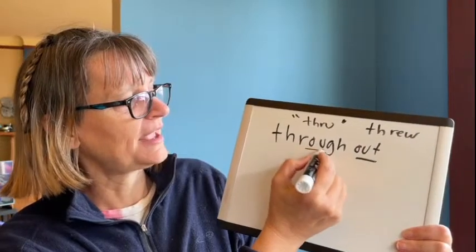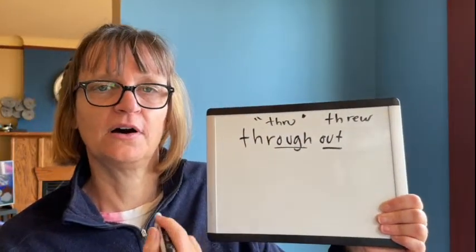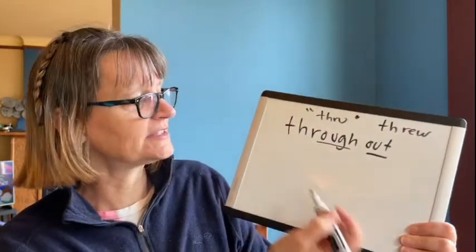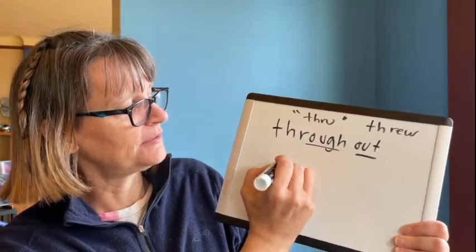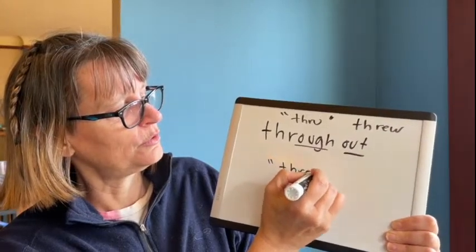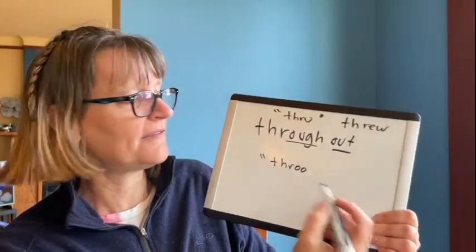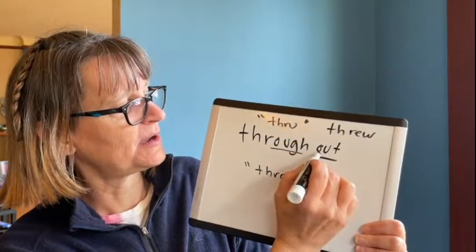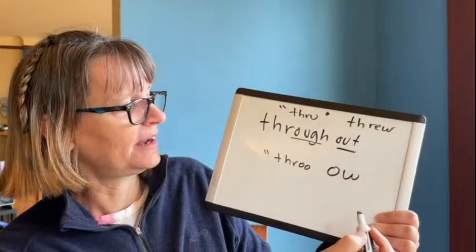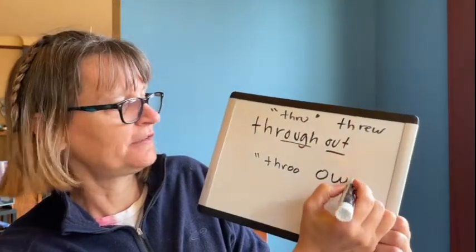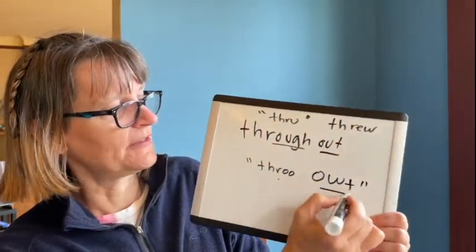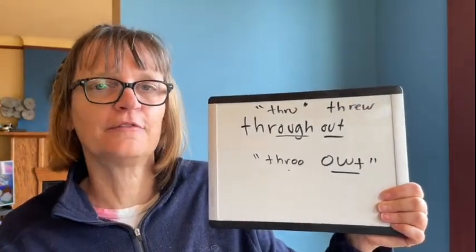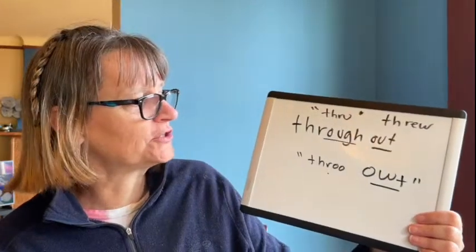Basically, even though we have OUGH, which can be or ah or ow in different words, in through, it's the oo sound. So I'll rewrite it like through, and then out, we have the ow diphthong, which we usually spell with OU or AU. I'll write it this way, like ow, I hurt myself, throughout. So short and then long, throughout. Throughout the day, throughout one's life, throughout speech, etc.